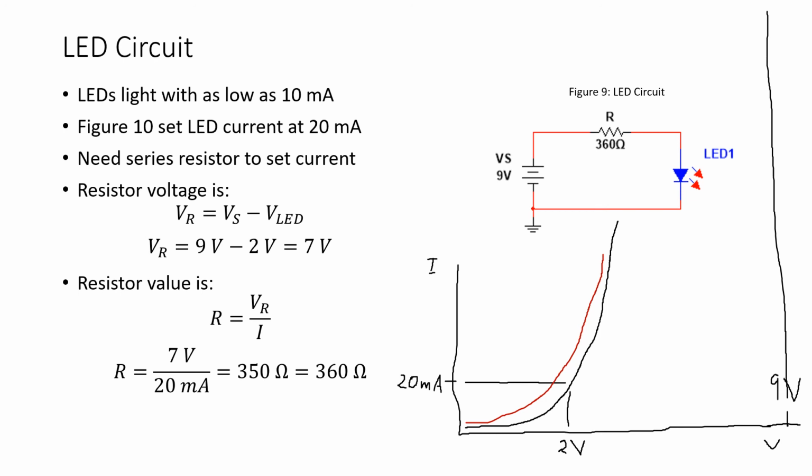It would be at some point where the current through the LED would be too large for the device, and the device would be destroyed. So we have to have the resistor R in this circuit in order to limit the current through the LED, or if you want to think of it another way, so that we have some place to drop 7 of the 9 volts that is applied.